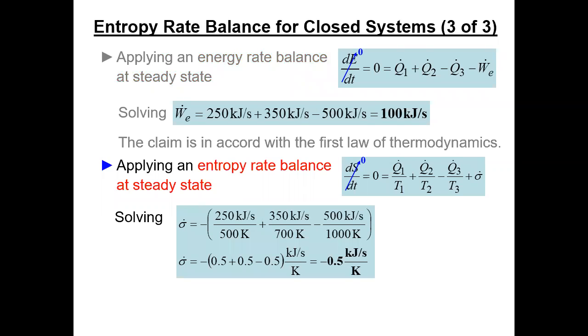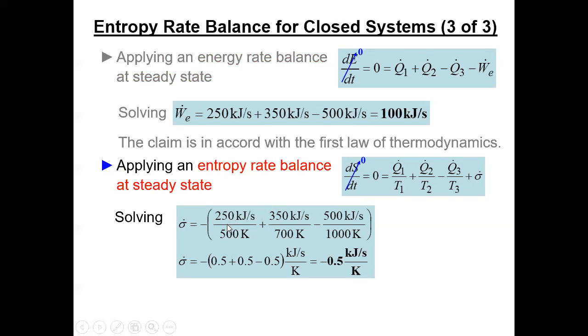So then we plug all the numbers in. He took all of the heat transfers to the other side of the equation, so he puts that minus sign out front. Or I guess he did it the other way. He left this one over here and took the others over. So you get this.